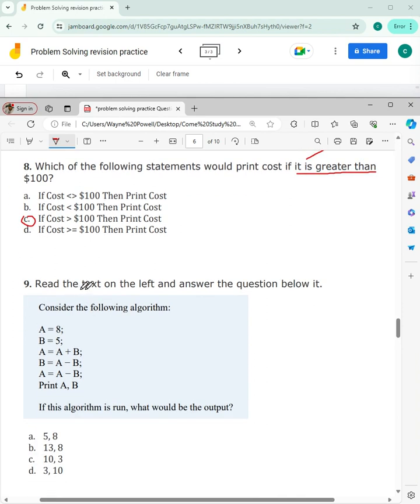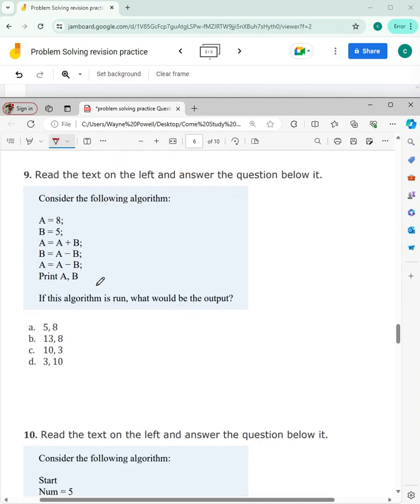Read the text and answer the question. Consider the following algorithm, right? So this one we will be working out. Let's see if we can work this out.